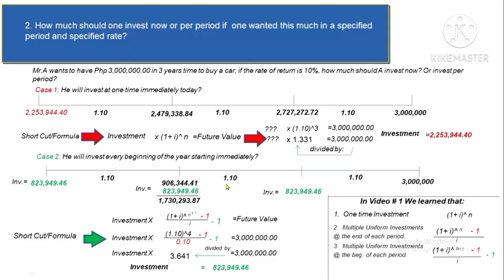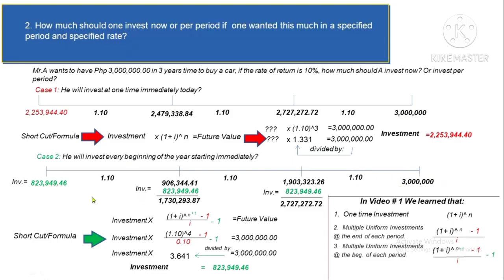You multiply that again by 1.10, you're going to get 1,903,323.26 plus 823,949.46. Then you'll have 2,727,272.72. And lastly, you multiply it by another 1.10, that gives 3 million.